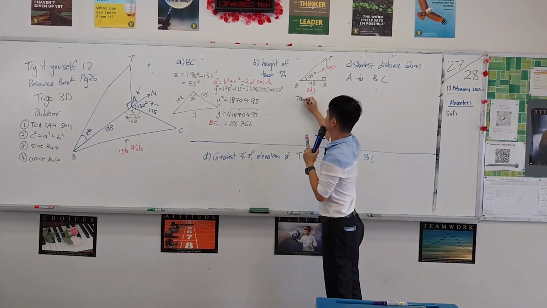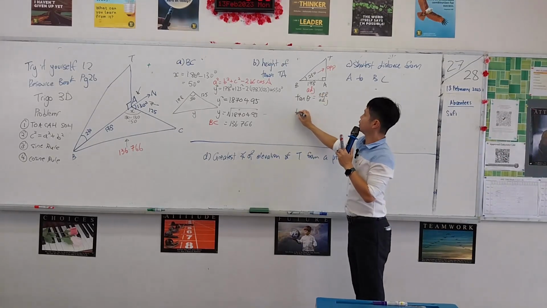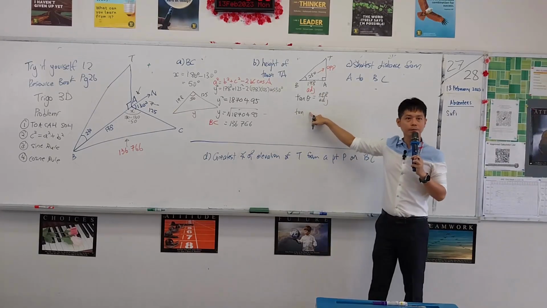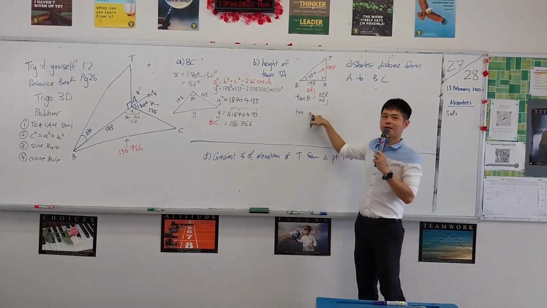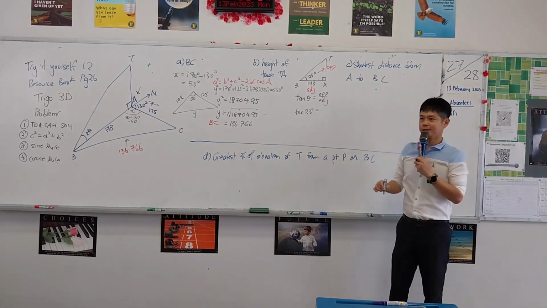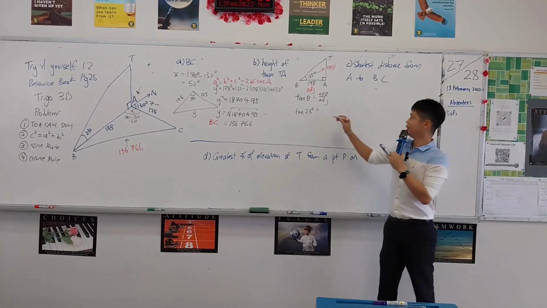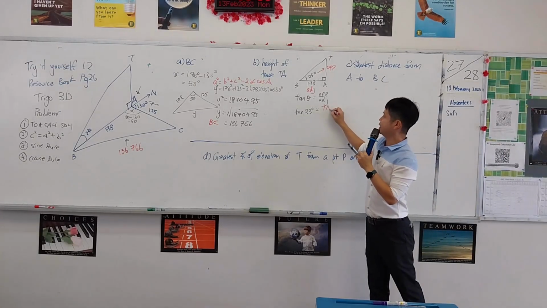Do you realize that I want TA here, so this is your opposite, and then this is adjacent, so I'll be using TOA. Very good. So TOA is your tangent, theta equals to opposite over adjacent. So your, any angle given? 33. What's your opposite? What's your opposite? It is your TA.